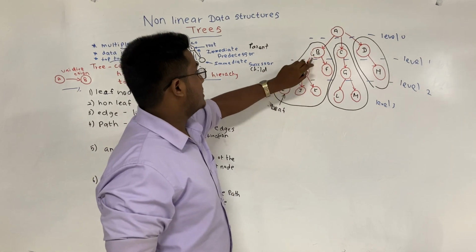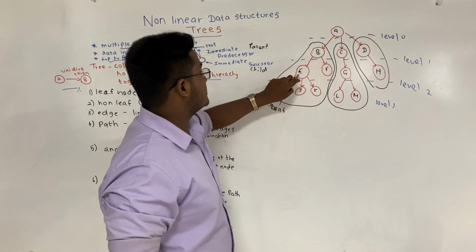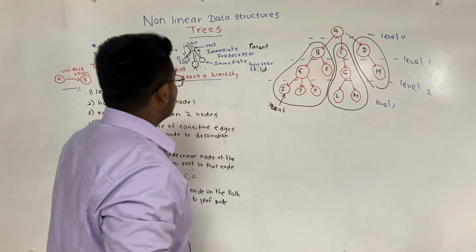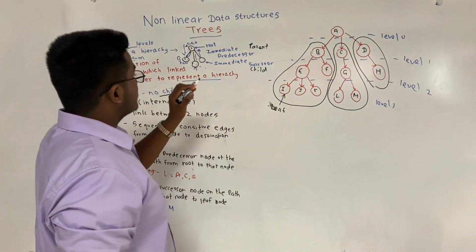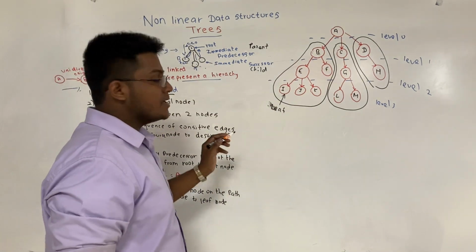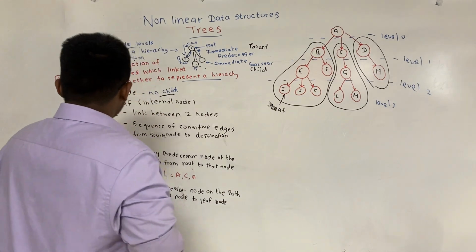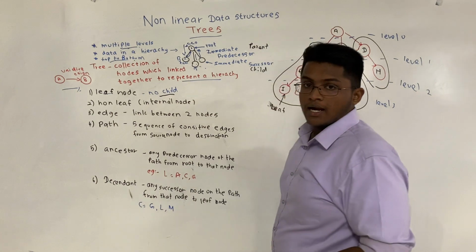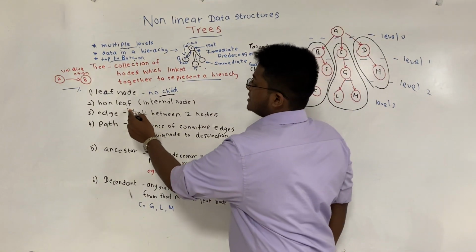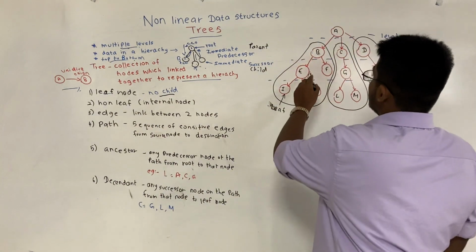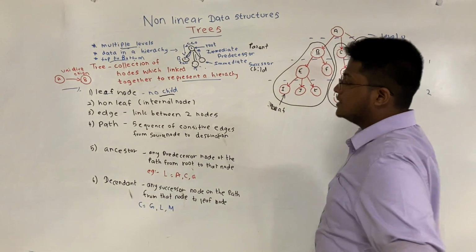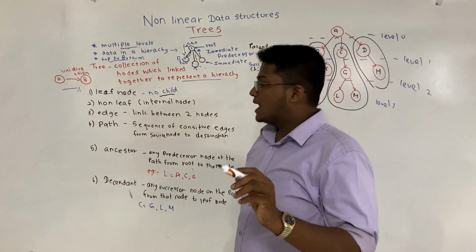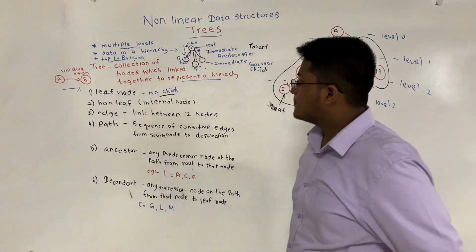That is what is meant by immediate predecessor and immediate successor. Now, what are non-leaf nodes? Non-leaf nodes are just internal nodes. B, C, D, those are non-leaf nodes.